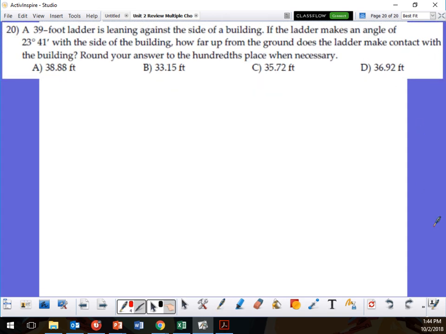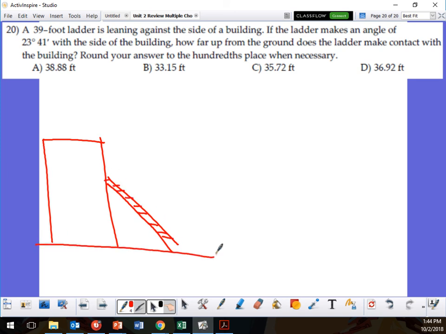Okay, it says a 39-foot ladder is leaning against the side of a building, making an angle of 23 degrees, 41 minutes with the side of the building.